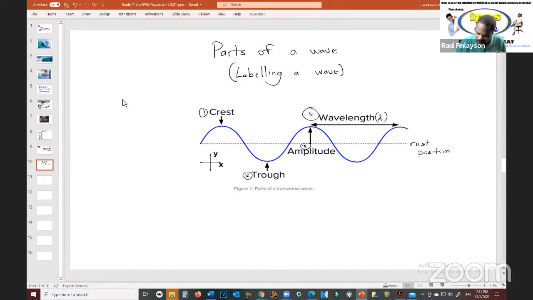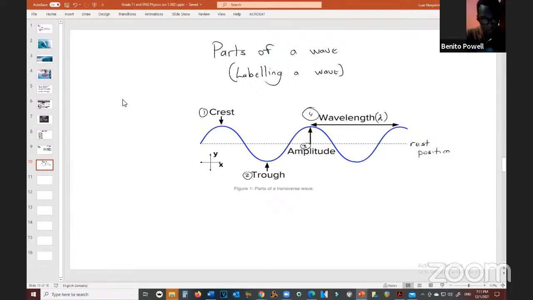What part is it pointing to? Above rest position?